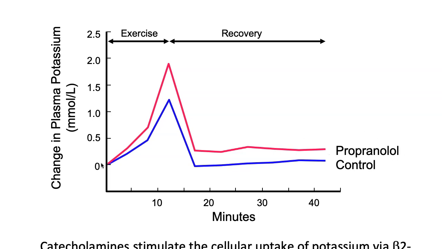Look, through exercise and then even through recovery, the change in plasma potassium was greater when we administered the beta blocker. That means that in the control cohort where we did not administer a beta blocker, there was a lower change in serum potassium. So that change was mitigated by shifting into cells. So it's kind of cool.